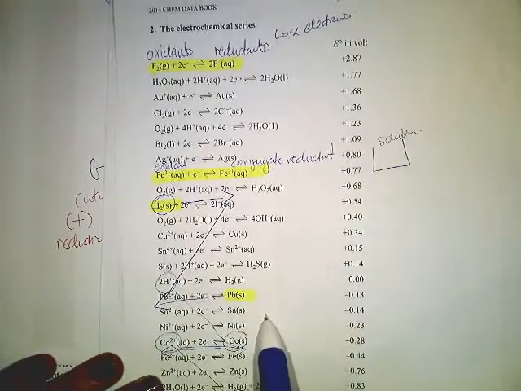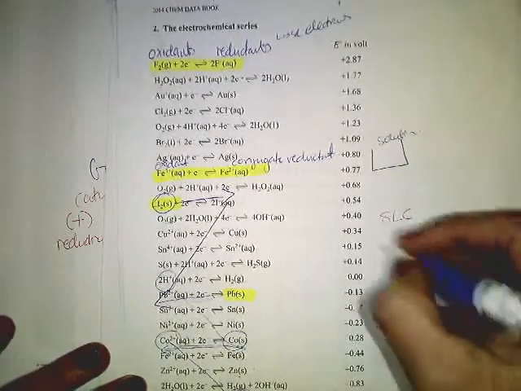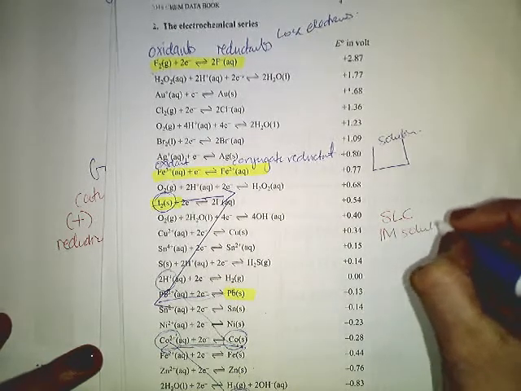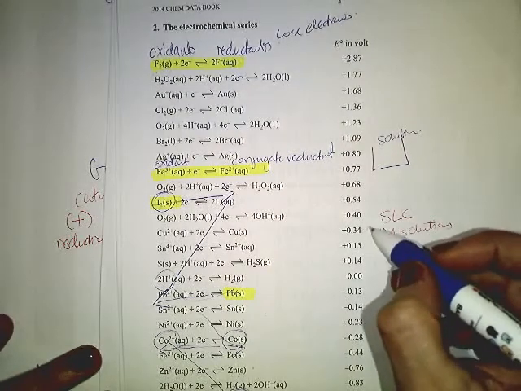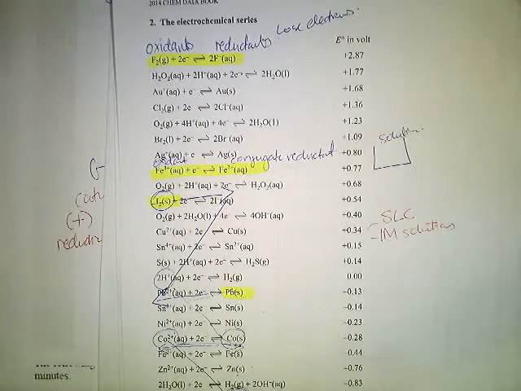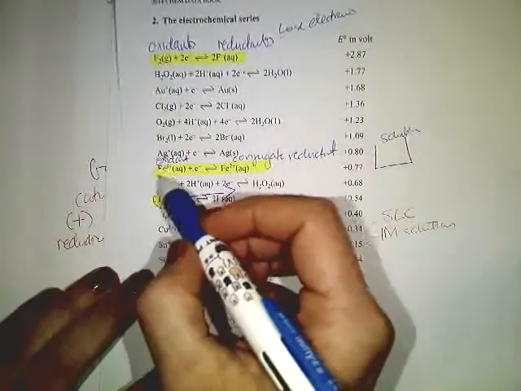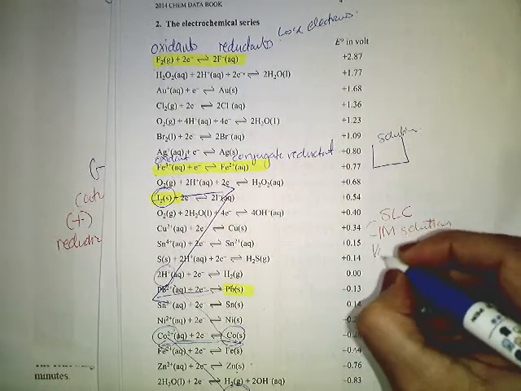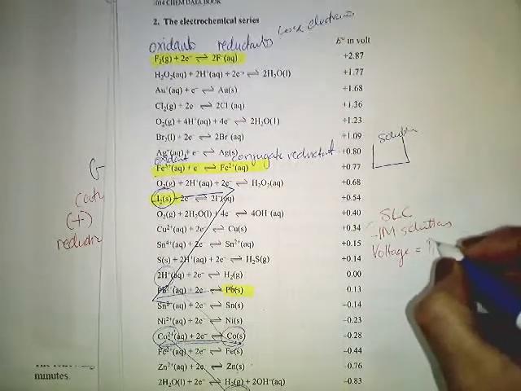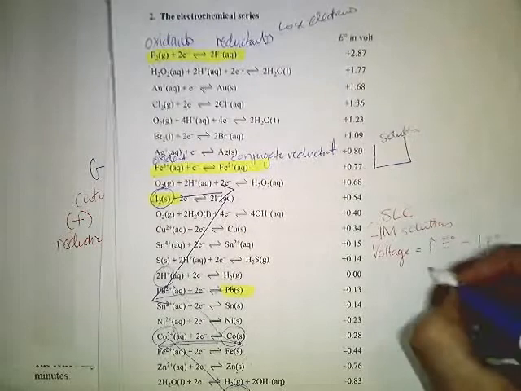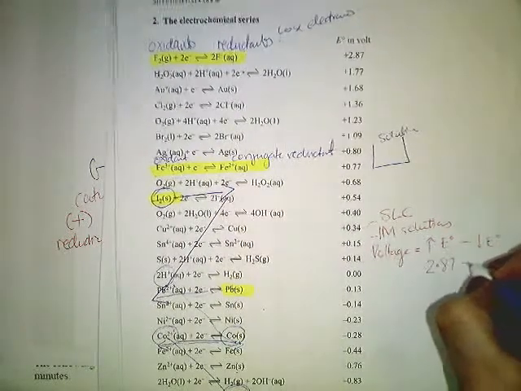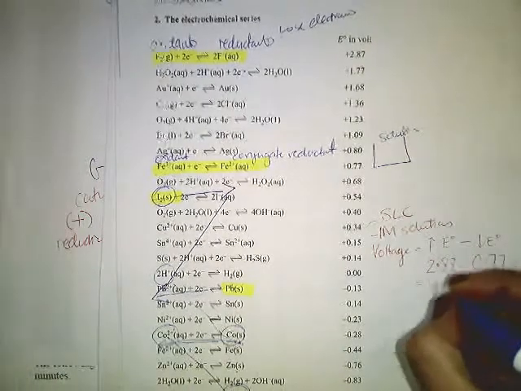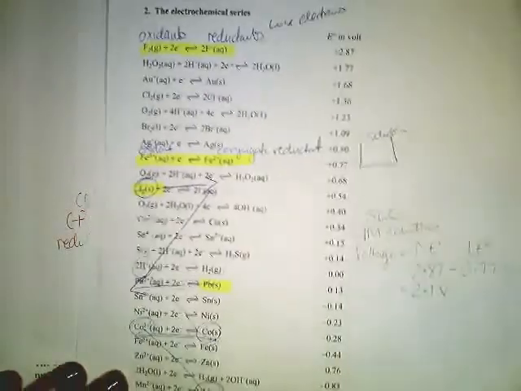Now, under particular conditions such as SLC and 1 molar solutions, so 25 degrees Celsius, etc., you should get a cell voltage of, to work out voltage, highest E minus lowest E. 2.87 minus 0.77, 2.1 volts. That's the maximum cell voltage.